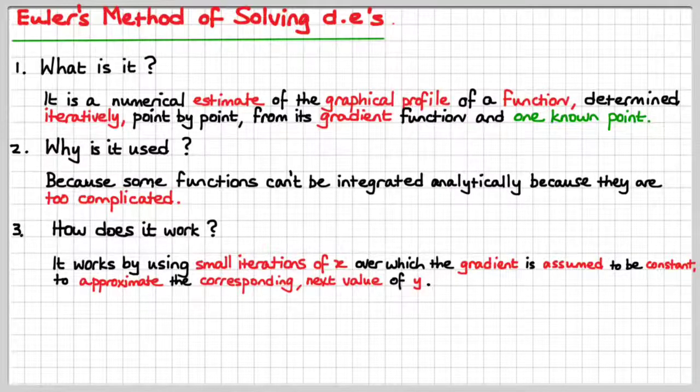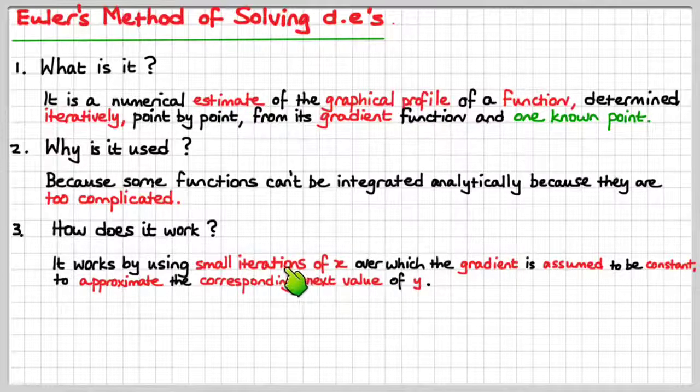It's assumed to be constant, no curving of the graph. Okay, so if you use iterations of very small changes in x, over which the gradient is assumed to be constant, you approximate the corresponding next value of y in turn on an iterative basis, okay?